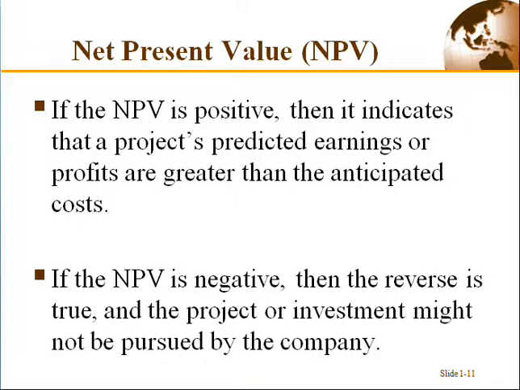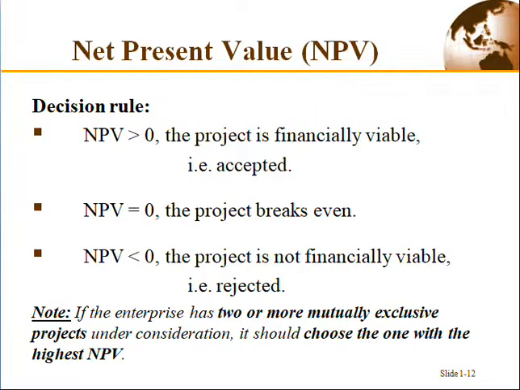So if the NPV is positive, it means that the business is profitable. If the NPV is negative, then it is a no-go area. You don't go there, because from the beginning you already know that you are going to lose in this business. So this is basically the decision rule.